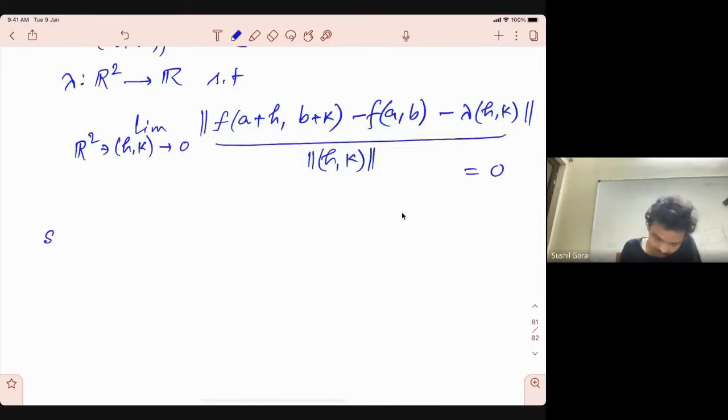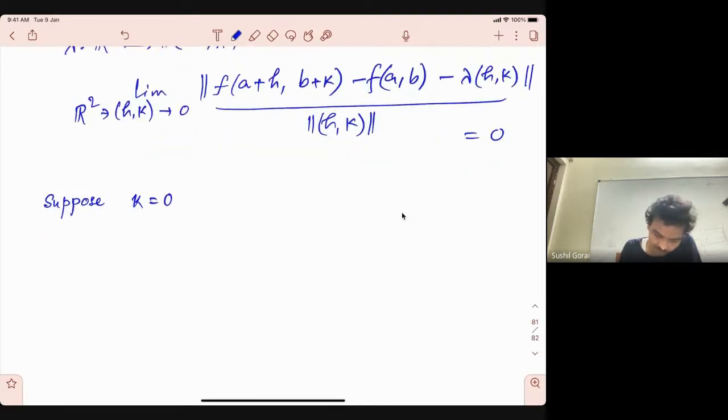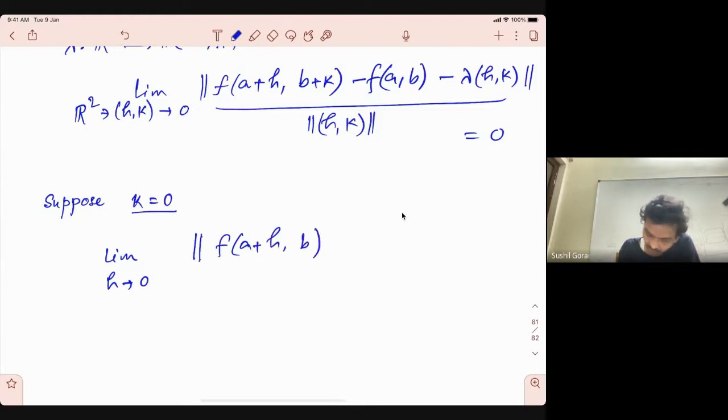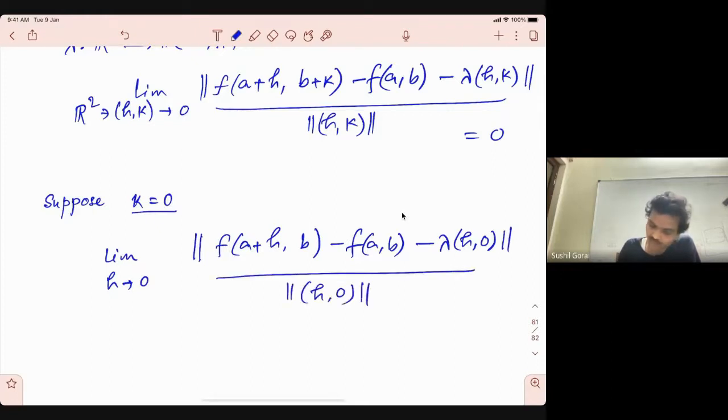Suppose k is identically 0, and we look at the limit as h tends to 0 of the norm of f of (a plus h, b) minus f of (a, b) minus lambda of (h, 0), divided by the norm of (h, 0). This is equal to 0.